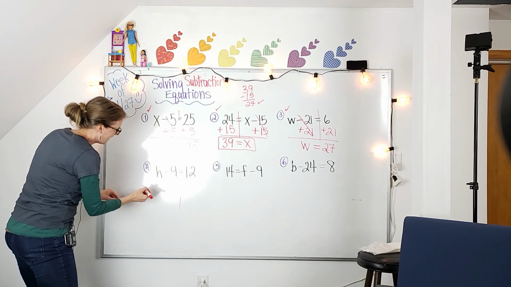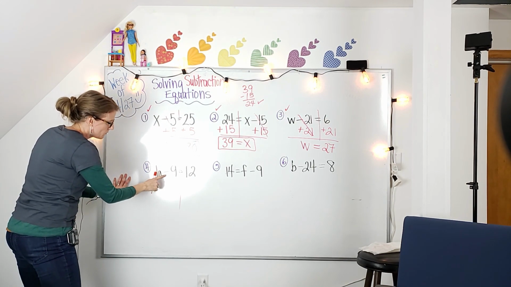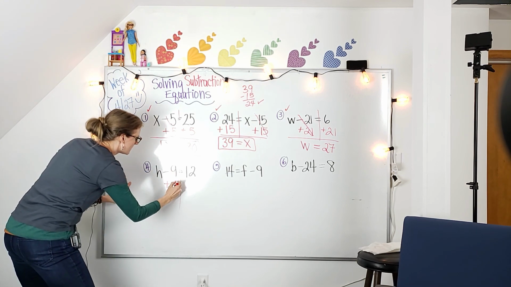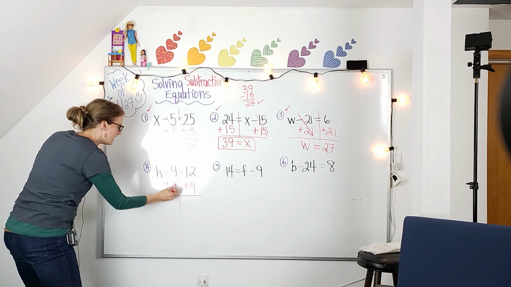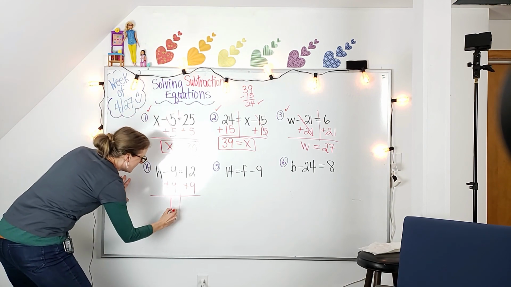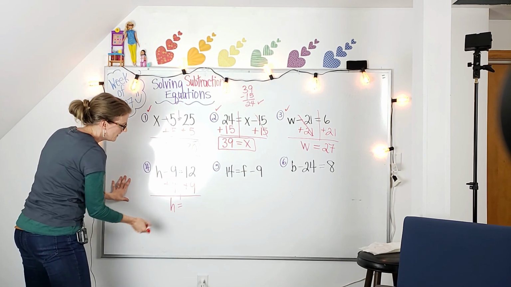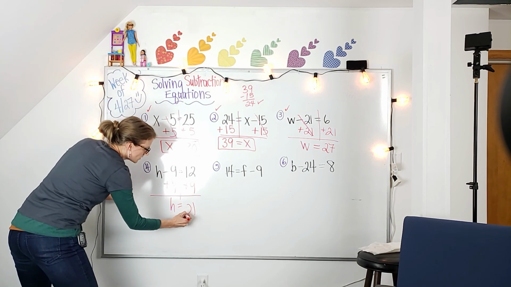Stick with me. All right, we've got our wall there. We're trying to isolate h. We have to do the opposite of a -9, which is a +9. I'm going to add that 9 on the other side. Cancels out. I've got 12 plus 9 here. So 9 plus 2 is 11, carrying that 1, and then a 2.